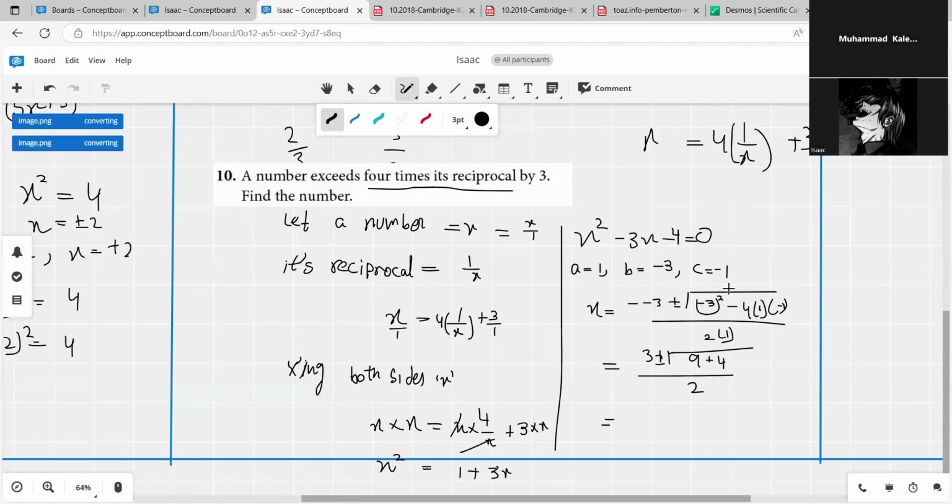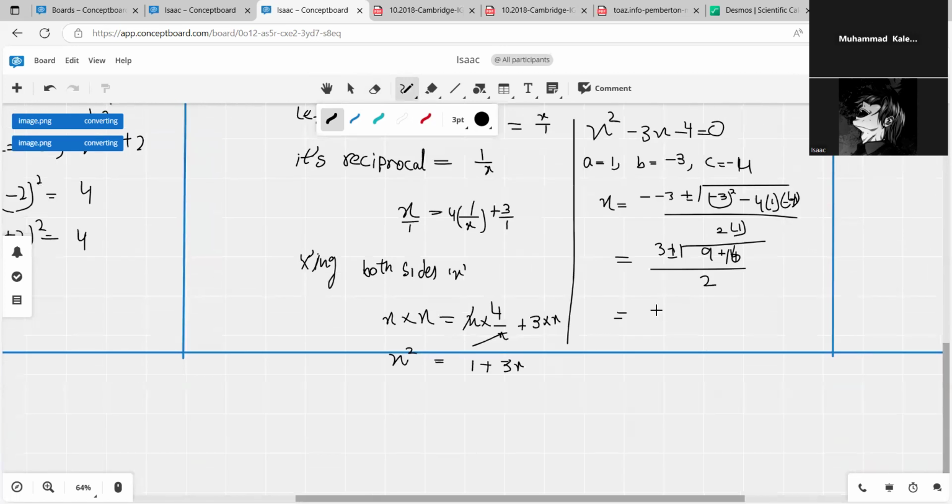So here it was a 4, so let me make it correct. By mistake I made the mistake. Okay, it will be 16, positive 16, then it will be 25. 3 plus minus root of 25 over 2.